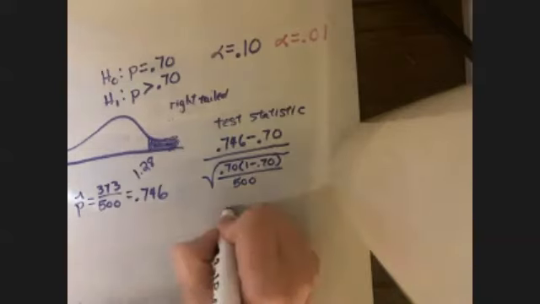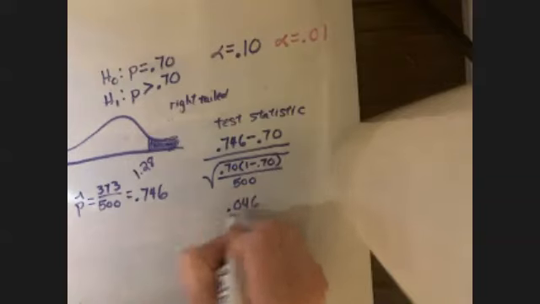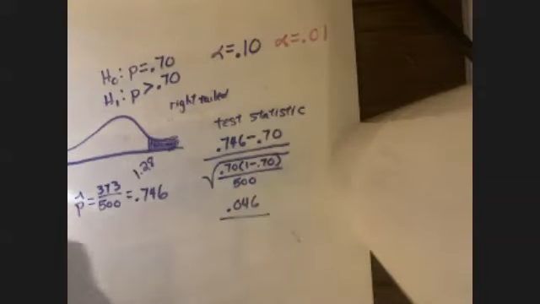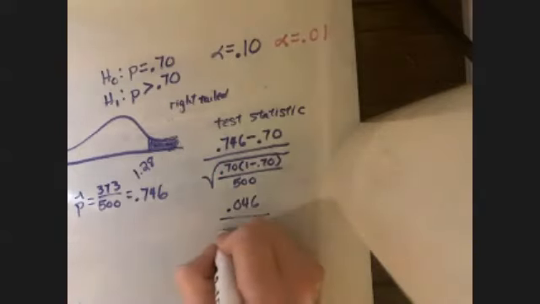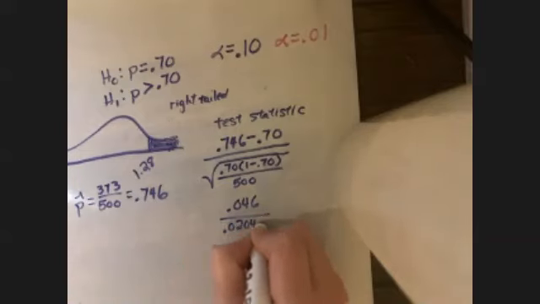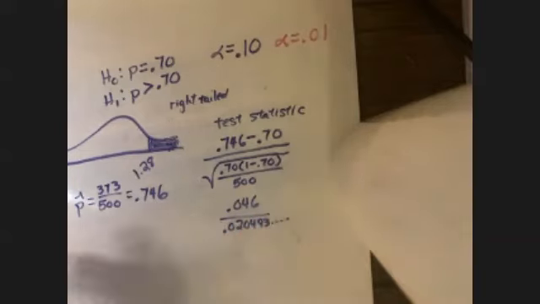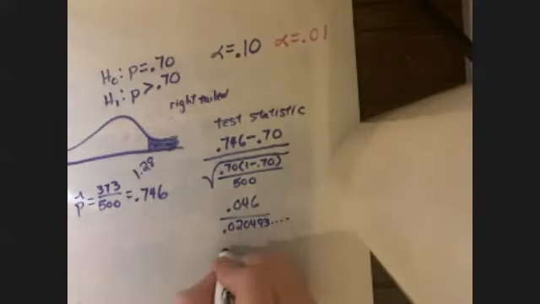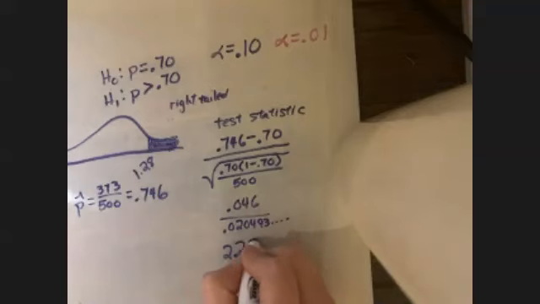So we get 0.046 on top, and the number on the bottom is 0.020493 dot dot dot. And this gives me a value of 2.24, is what we'll call it.